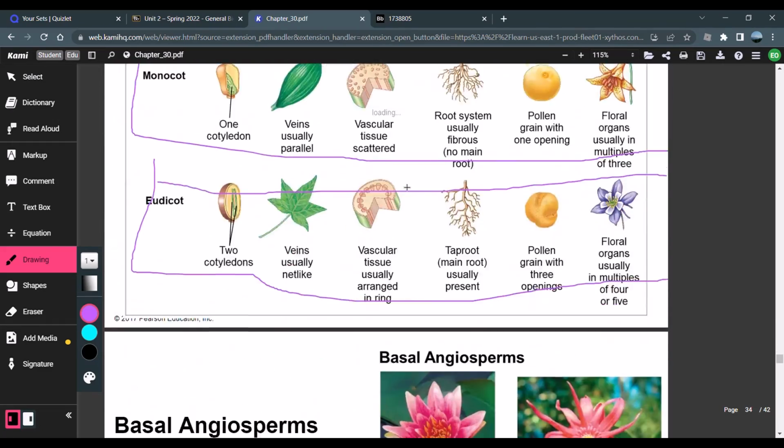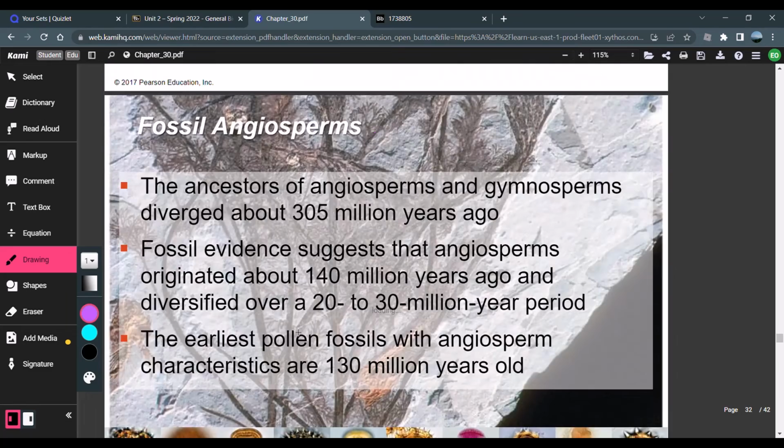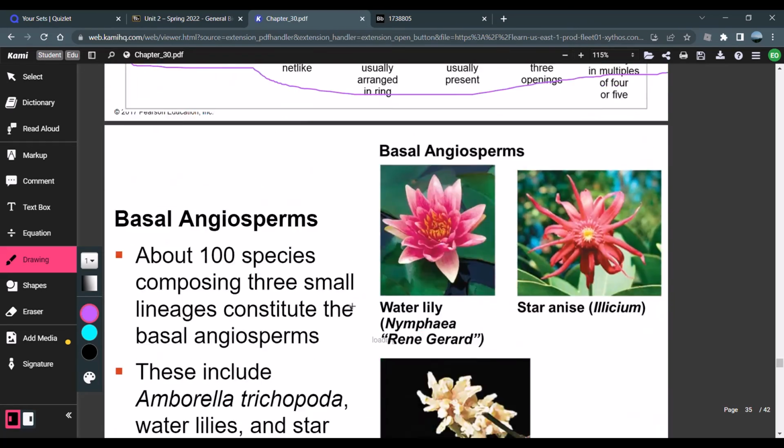Let's skip all this. So there's two main types of angiosperms. There's monocot and eudicot. Eudicots have two cotyledons, and cotyledons are within a seed; the embryo consists of a root and one or two seed leaves called cotyledons. I think I said that right.